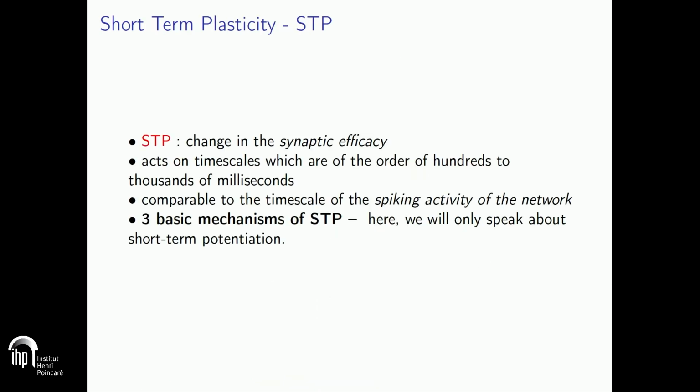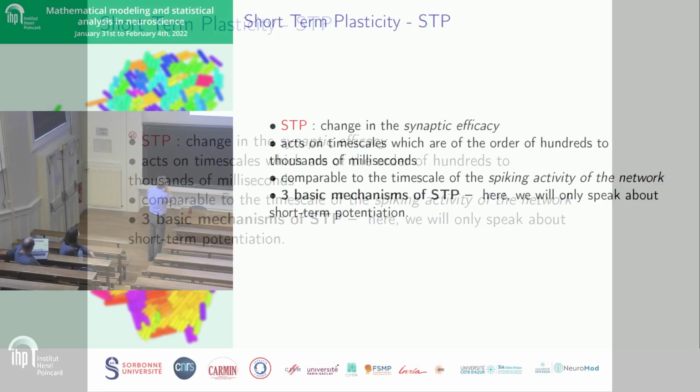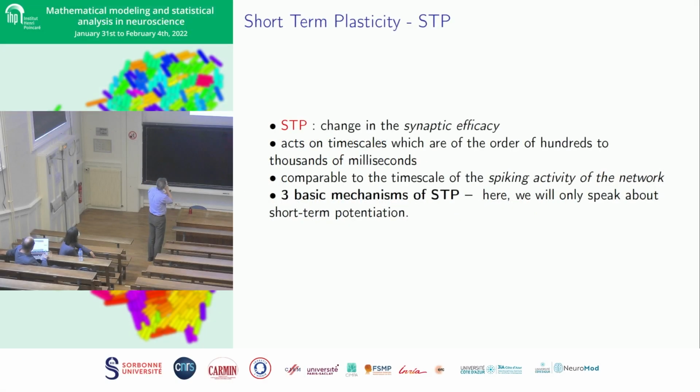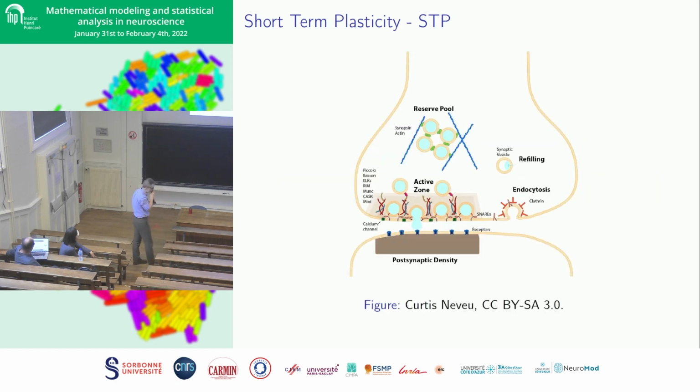And now to come back to this short-term plasticity that Wang and Markram showed within this population of pyramidal cells. It acts on a time scale of the order of 100 to 1,000 milliseconds, so comparable to the spiking activity. And there are several mechanisms. We talk about short-term potentiation, but now you are all experts about these mechanisms. Essentially, when you look at chemical synapses, what provokes fusion of vesicles and so release of transmitter is entry of calcium in the presynaptic terminal.